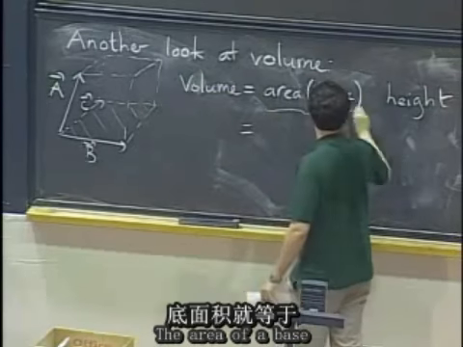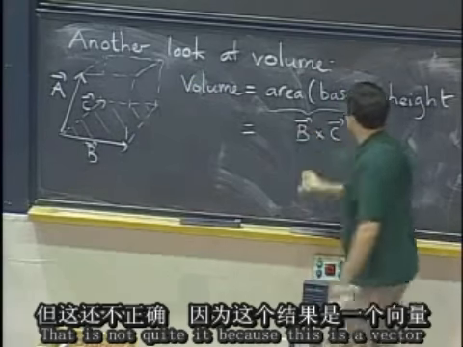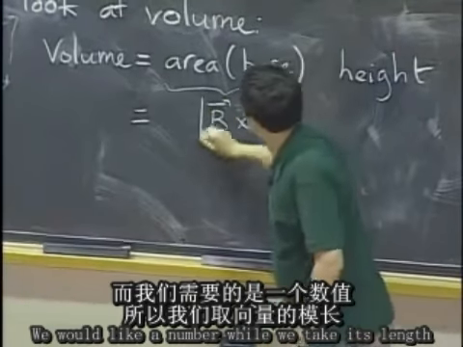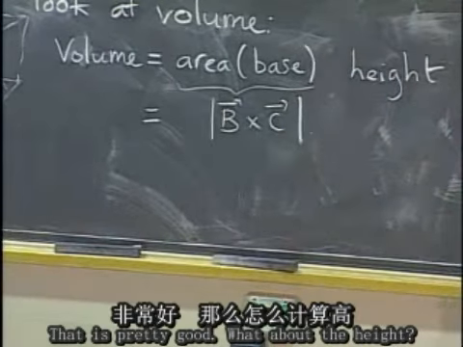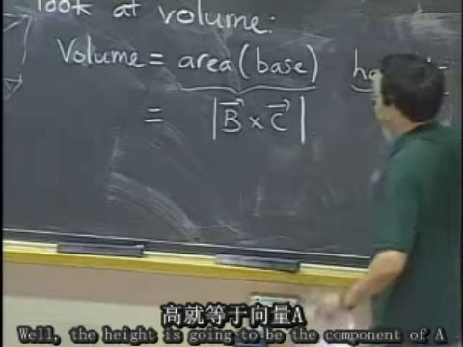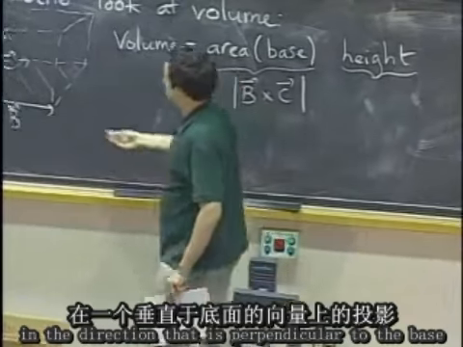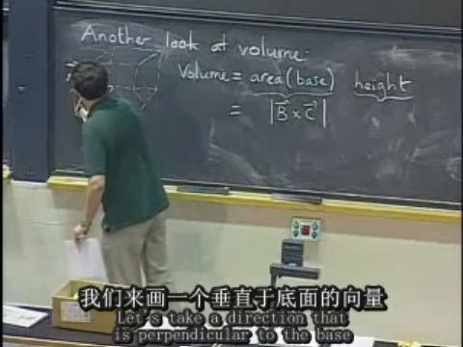So the area of a base, well, we take the cross product of B and C. That's not quite it, because this is a vector. We would like a number. Well, we take its length. That's pretty good. What about the height? Well, the height is going to be the component of A in the direction that's perpendicular to the base. So let's take a direction that's perpendicular to the base.